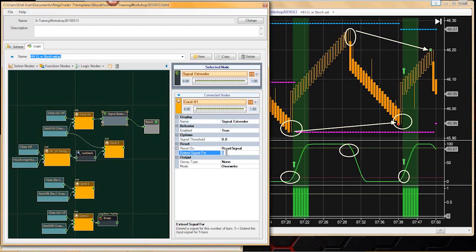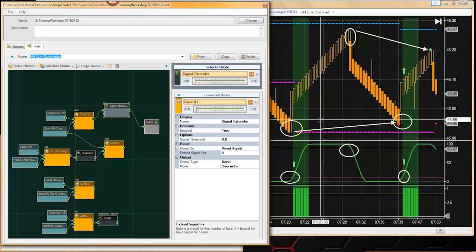Don't ever expect to know how to go into this and do everything right off the bat. Part of the beauty of BloodHound is you can easily connect things together and look at the chart, and you get feedback instantly. So you can play around until you find a solution very quickly.